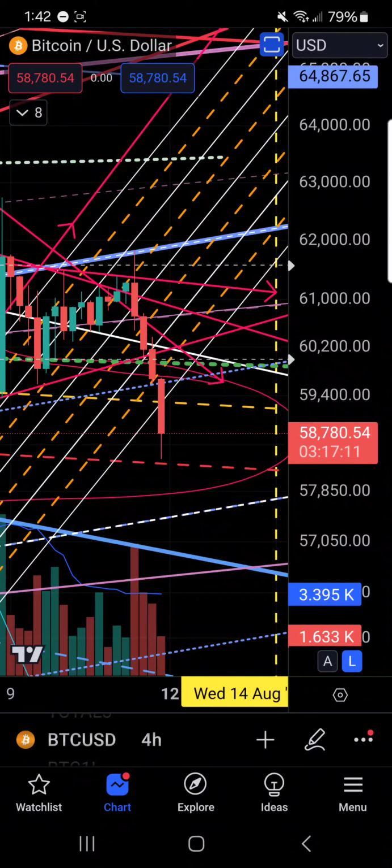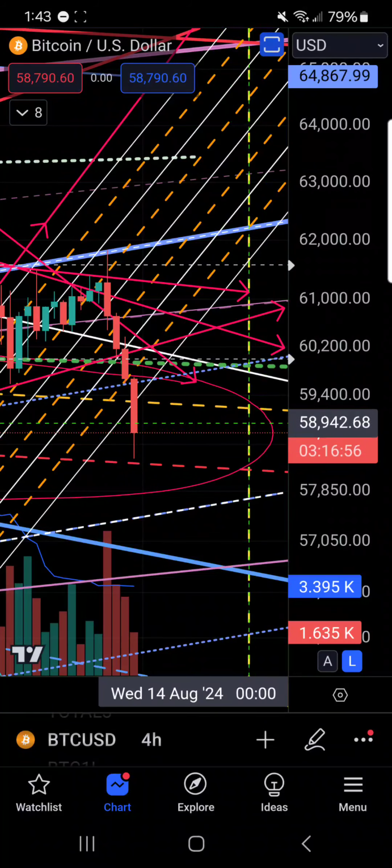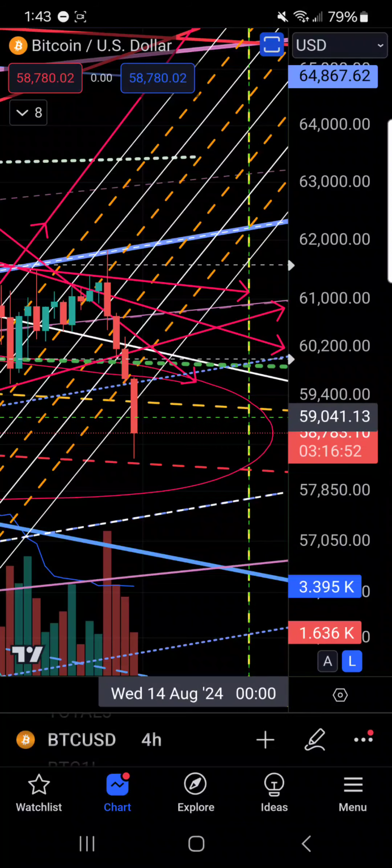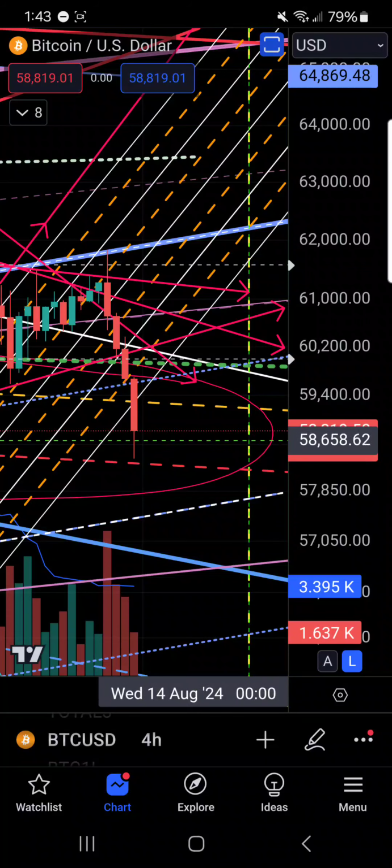Is the war in the Middle East, and if Iran's gonna nuke Israel or something like that, and the CPI and PPI data that's coming out this week. Now, my opinion is the markets really overreact to everything. So we get the PPI data on Tuesday and then the CPI data on this vertical line here on Wednesday.